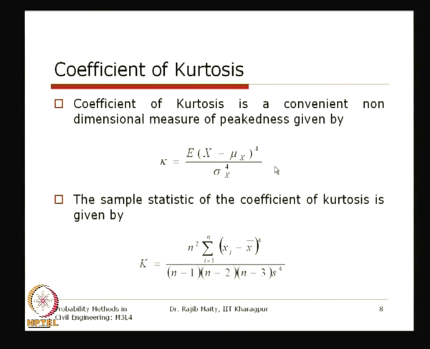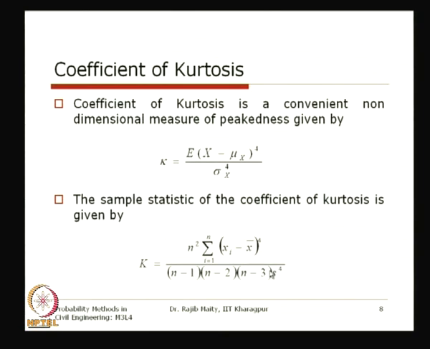So for the normal distribution, this measure of peakedness becomes equal to 3. Now if this measure of peakedness is less than 3, then we say that the peak is a little bit lesser than the standard normal distribution, and if the peak is more, if it is more than 3, then it is more peaked compared to the normal distribution.